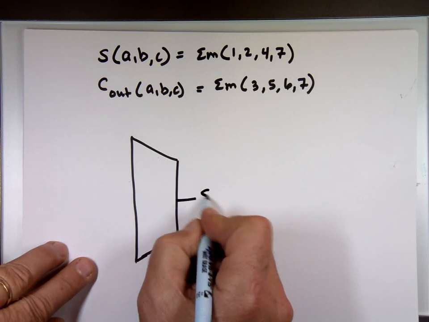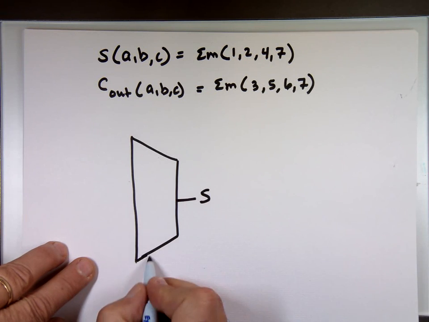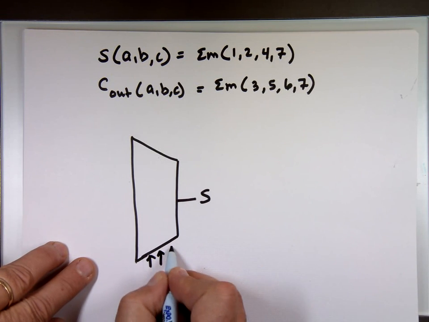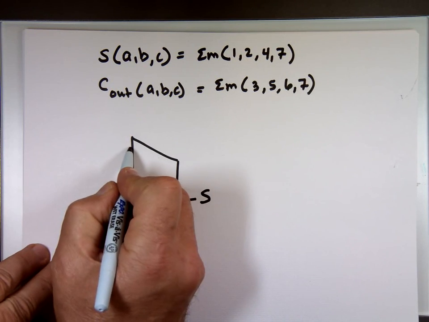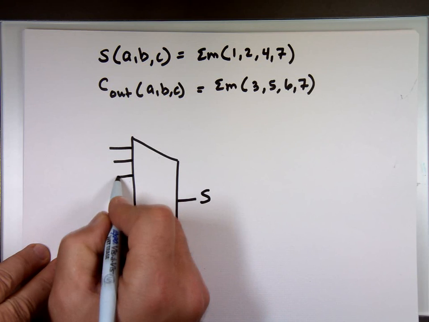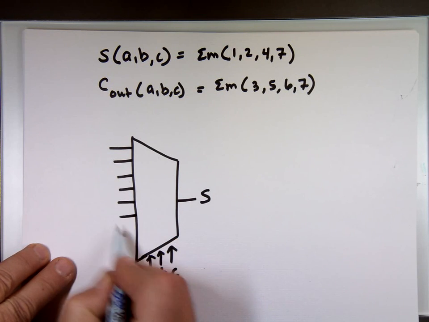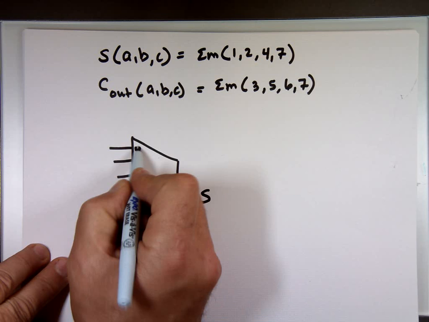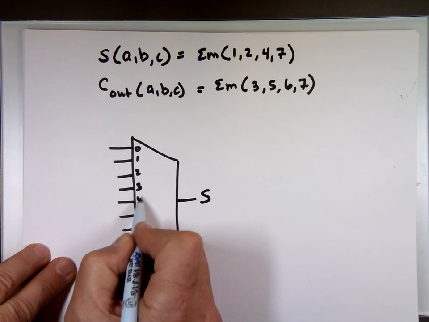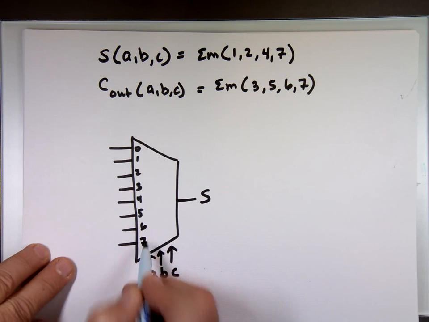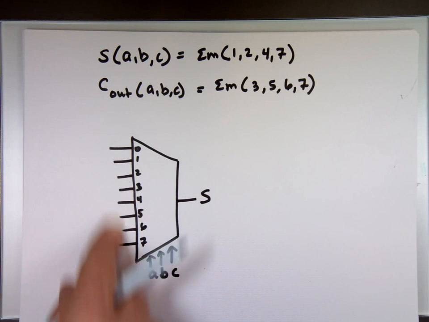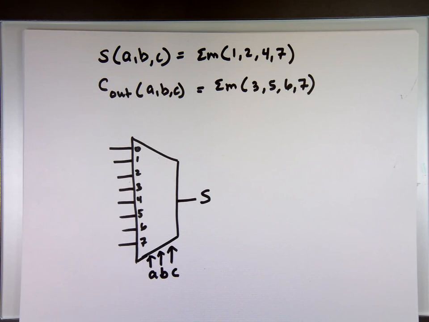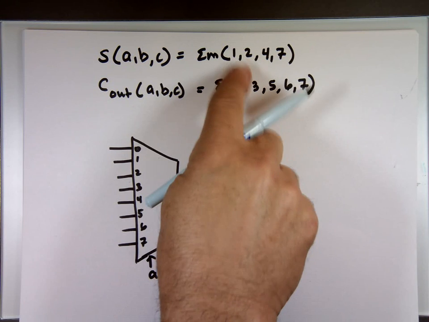So let's say this is the sum. I get 3 control signals, or select signals, A, B, and C. I got 8 inputs, 0, 1, 2, 3, 4, 5, 6, 7. It depends where you attach these pins. Now you want the sum to be 1 when what? When it's 1.